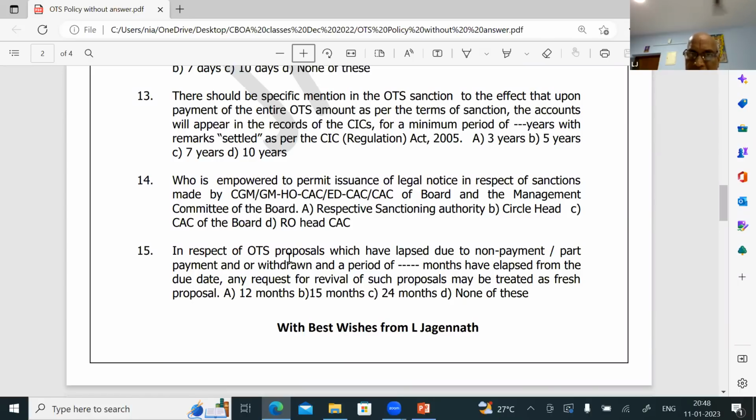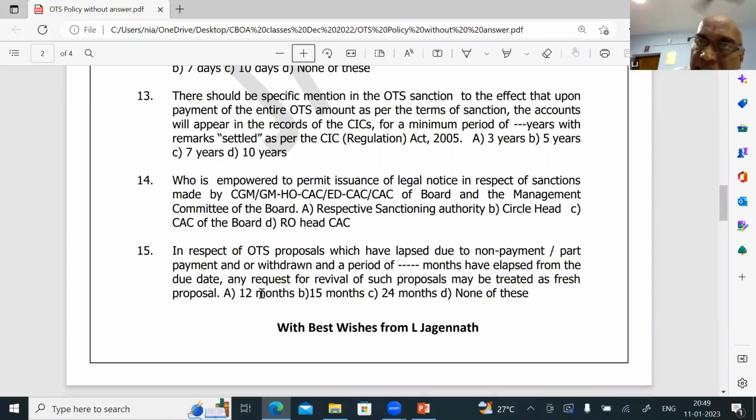Question number 15. In respect of OTS proposals which have lapsed due to non-payment, part payment, or withdrawn and a period of dash months have lapsed from the due date, any request for revival of such proposals may be treated as fresh proposal, 12 months. I told you from the due date mentioned in the OTS proposal, it is valid for 12 months from the date mentioned in the proposal, not from the date of the sanction.